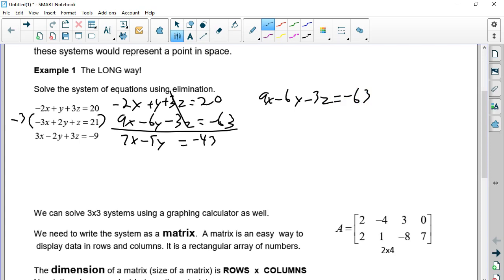And then I'm going to add the third one, 3x minus 2y plus 3z equals -9. Now when I do that, again, z's are going to cancel. Now I'm going to get 12x minus 8y equals -72.